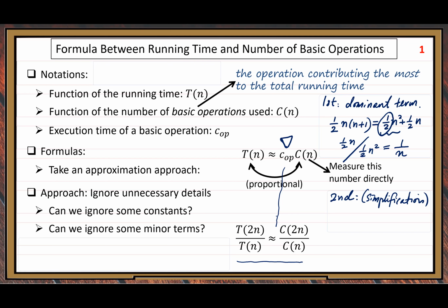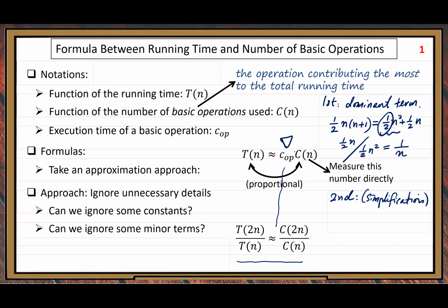If the ratio is bigger, it grows faster. Smaller, grows slower, right? Every time you double the problem size, if the ratio of two function values is larger, you can imagine the function grows faster. So from that point of view, we do our second round of simplification.